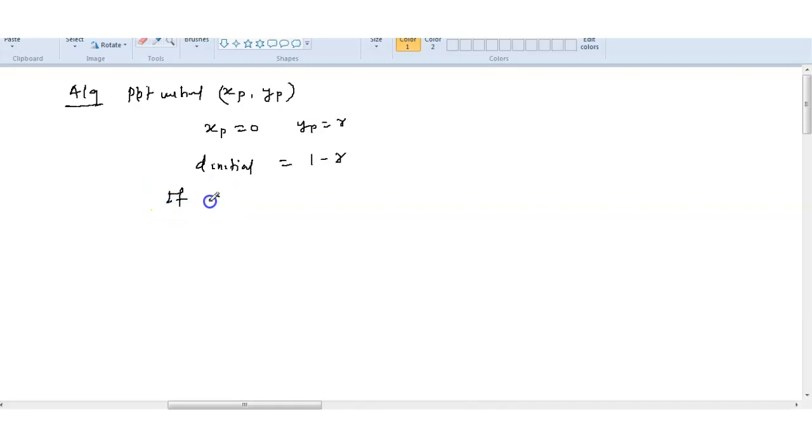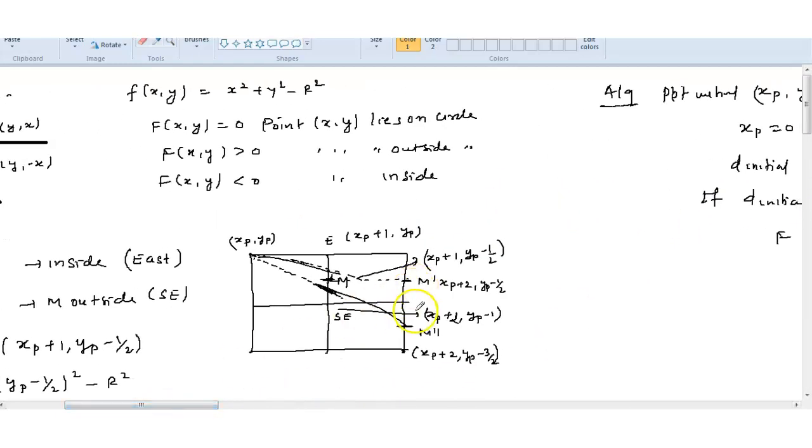If d initial value becomes less than 0, then choose the east corner that we have done. If we're choosing the east corner here, the next coordinate will be xp plus 1 and yp.